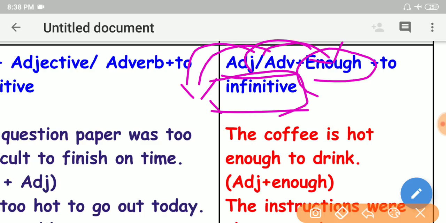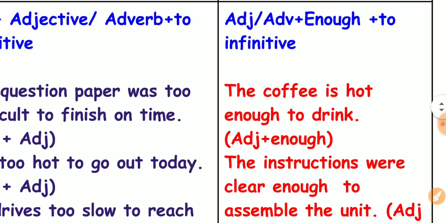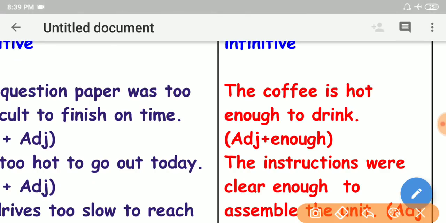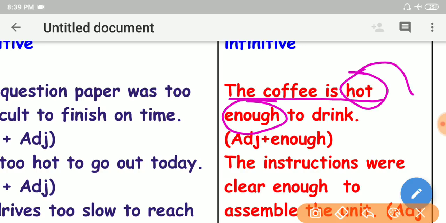Let us go through the examples, my dear friends. See, the coffee is hot enough to drink. The coffee is hot enough. Hot is the adjective, enough is used after the adjective, then to drink. The coffee is hot enough to drink, especially in the positive case. So enough is used.